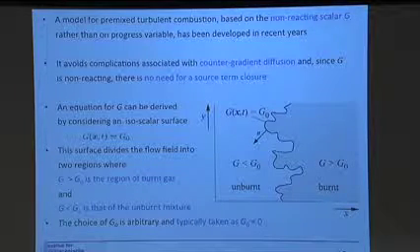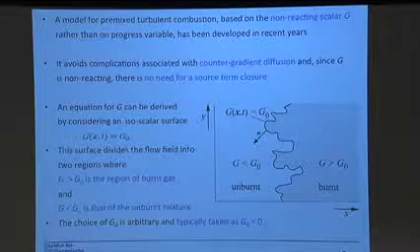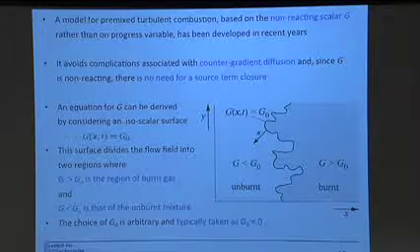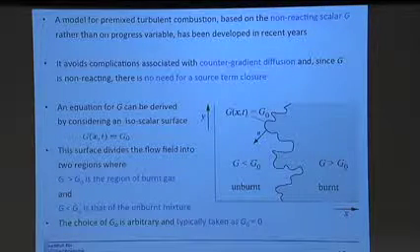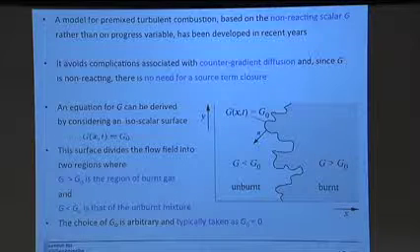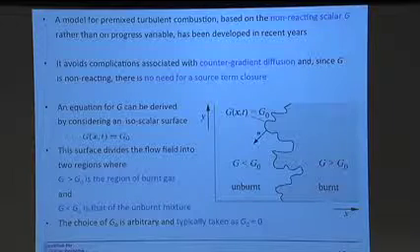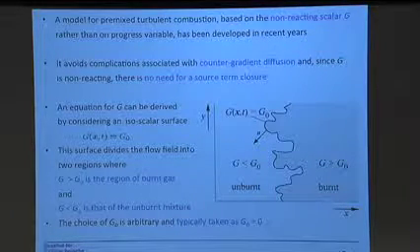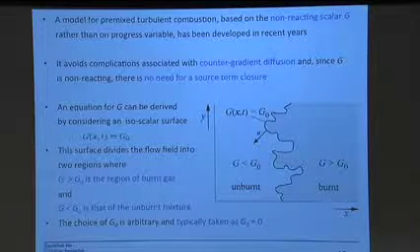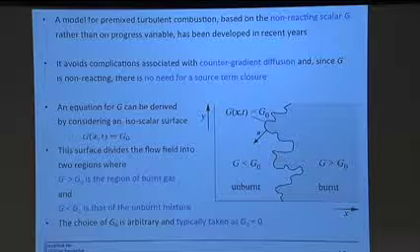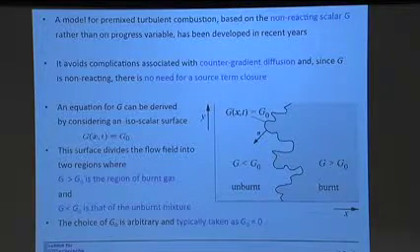Typically, you see here we take G equal to 0, and then by that definition, you can derive an equation that describes the evolution of the scalar G. If you solve that equation for a time step, you will find that the isosurface G equal to 0 moved a little bit by the combined effect of the velocity field that moves this thing around, and the burning velocity, which leads to a propagation of this front normal to itself.